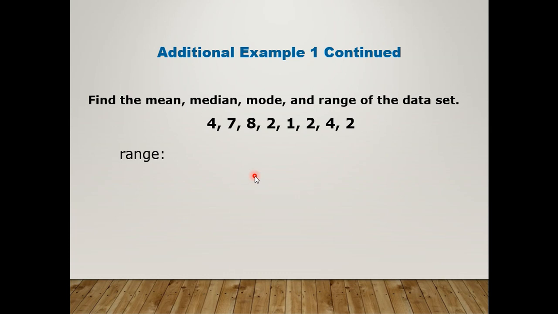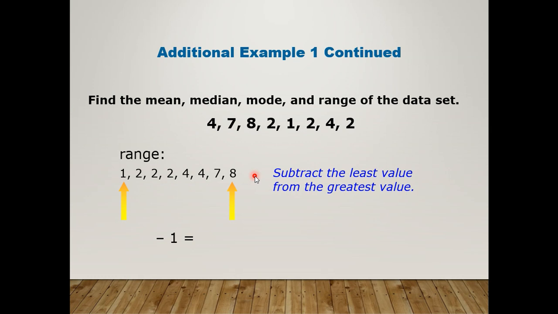For the range, hanapin lang natin yung lowest value and then the greatest value or the largest value. And it was not very hard for us to find kasi it was already arranged in order. So kukuhain lang natin si 1, which is the least value on the data set, and then yung greatest value, which is 8.